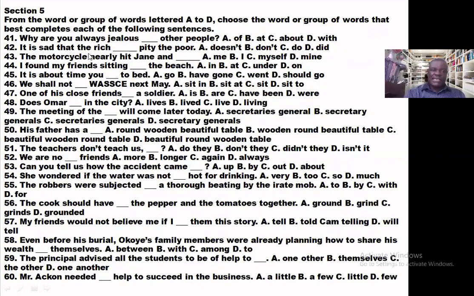42. It is sad that the rich dash pity the poor. Well, don't forget that the rich here is what we call a grammatical nominalization. When you nominalize an adjective, it means you can add the definite article to an adjective to make it a noun phrase.